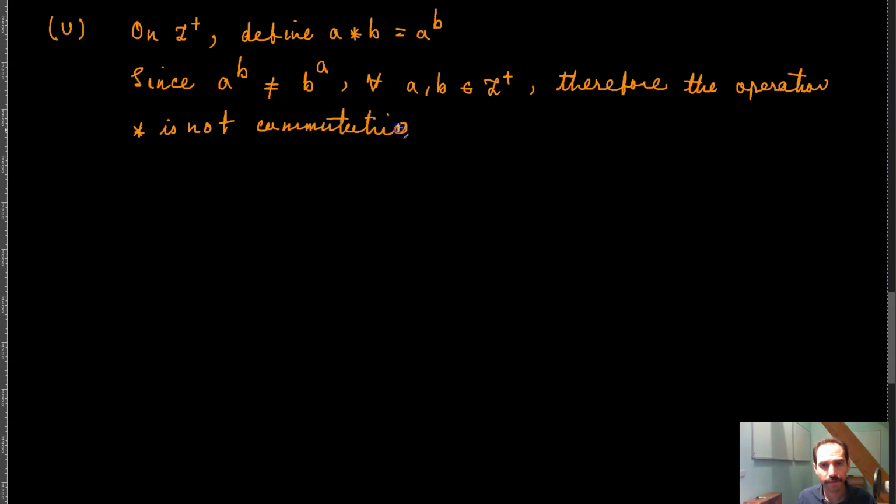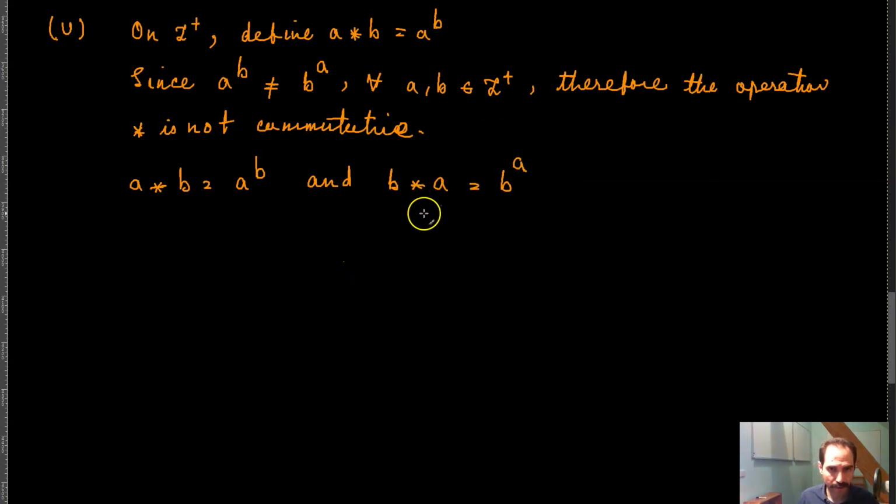Star is not commutative. I'm saying this because a star b would be equal to a raised to the power b, and b star a would be equal to b raised to the power a.